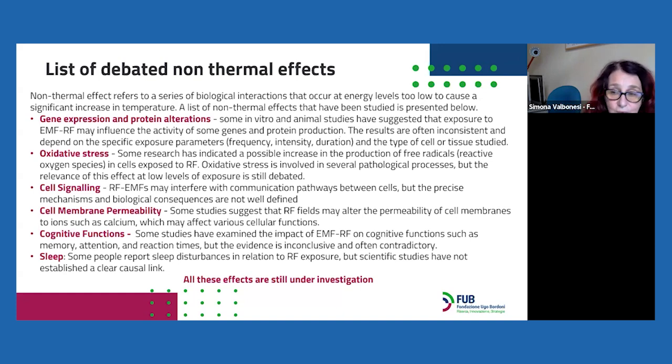But this study presents methodological limitations, and all the attempts to repeat this study and to verify the results have failed. So this remains a no-evidence effect.